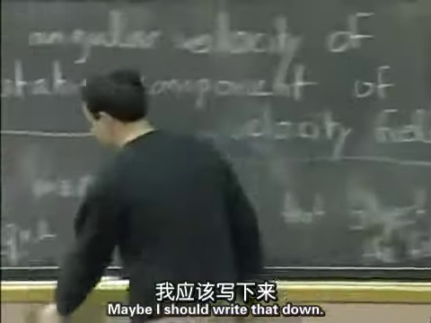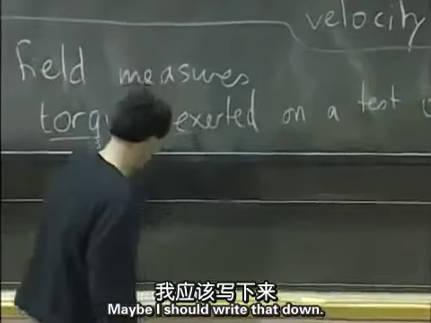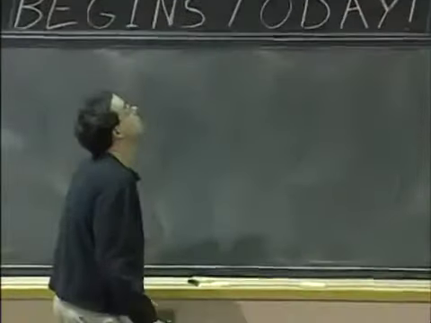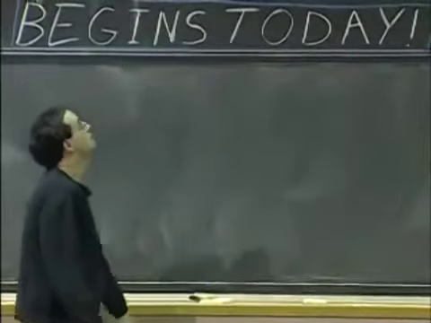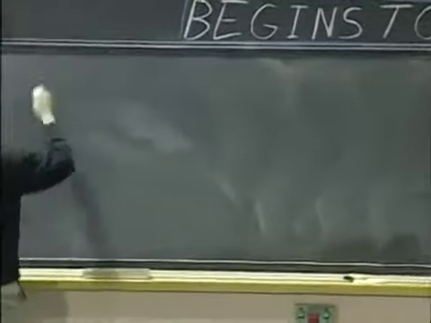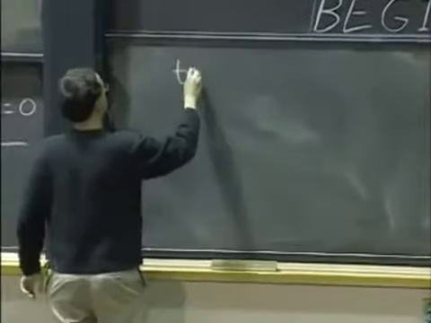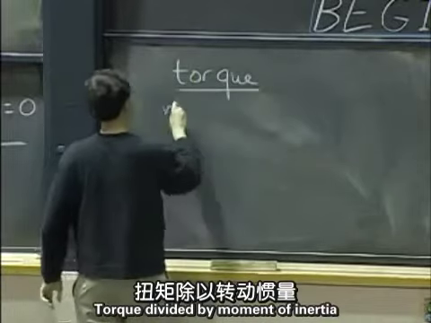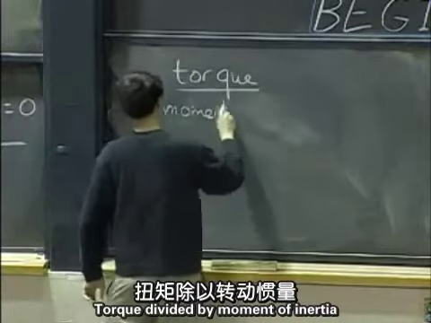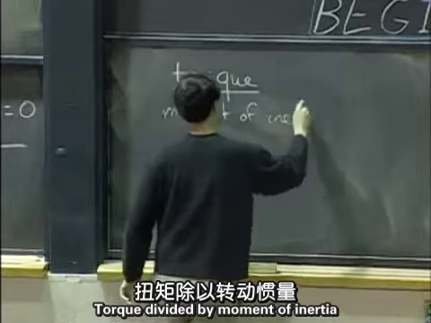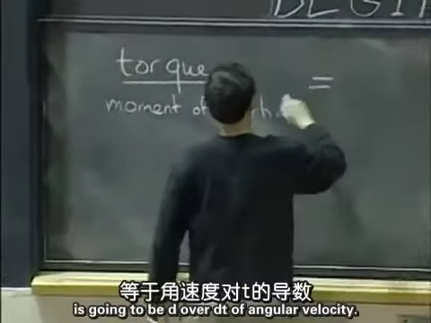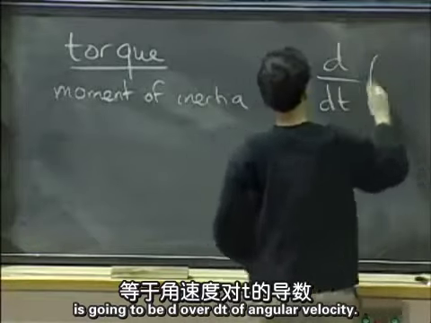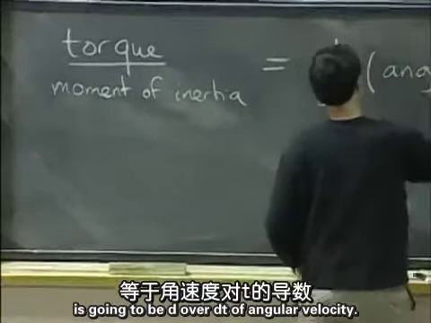Maybe I should write that down. Torque divided by moment of inertia is going to be d/dt of angular velocity.